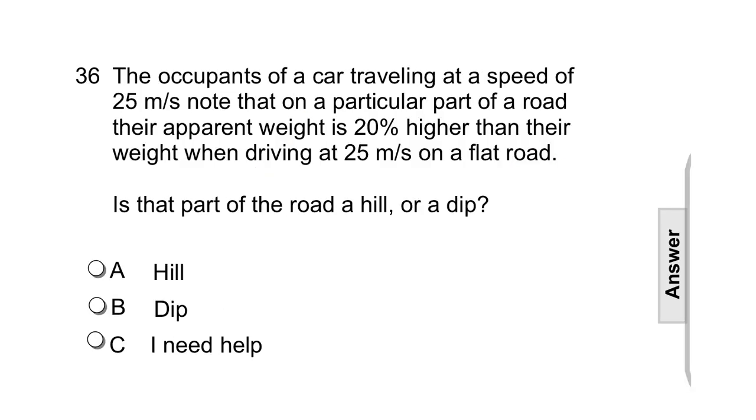Okay, occupants are traveling at speed V at 25. Note that their apparent weight is 20% higher than their weight when driving at 25 on a flat road. So what we can say is 120% is like 1.2, or 120% of what you were: 20% of what you were plus 100%.